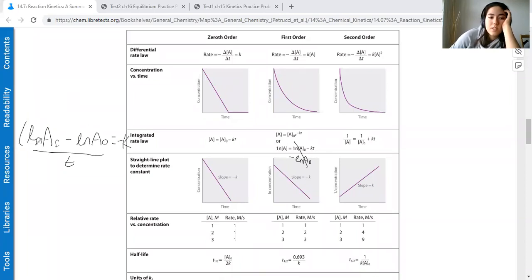You can put parentheses over this and then put it in a calculator. And as long as you put parentheses like that, then it should be correct. But if you know logarithm rules, then you can also use those. The logarithm rules say that when you subtract logs from each other, you can put them over each other.